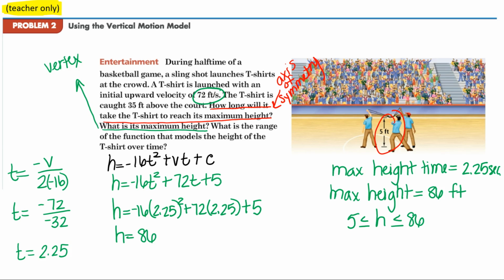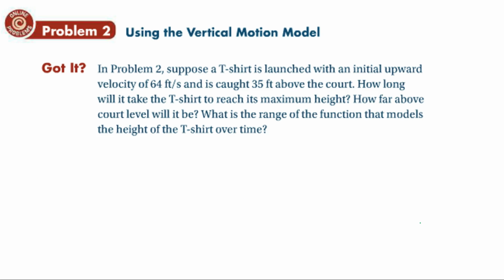All right, now let's go ahead and take a look at your problem in the book, which is taking my problem, but changing that initial upward velocity to 64 feet per second. So again, we start with the equation h equals negative 16t squared plus vt plus c.